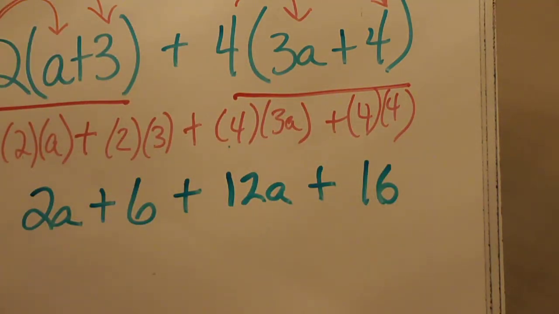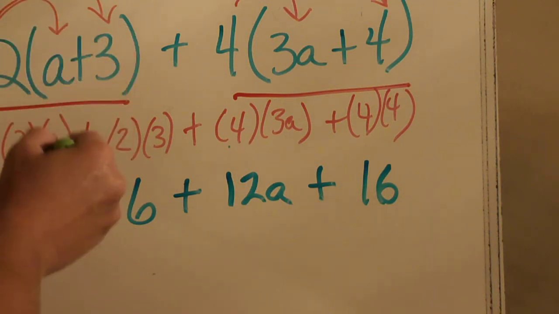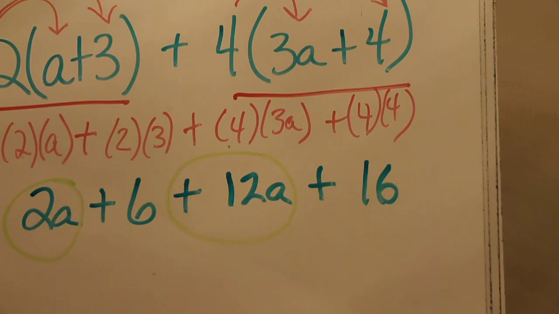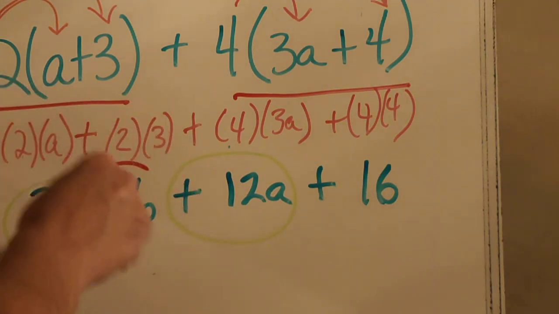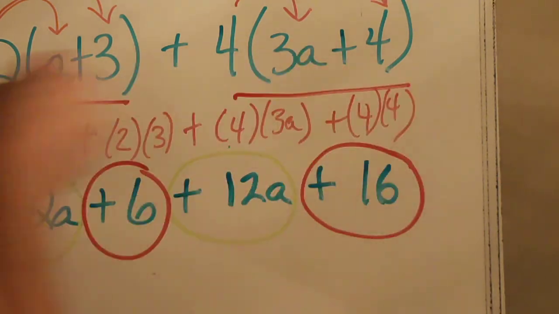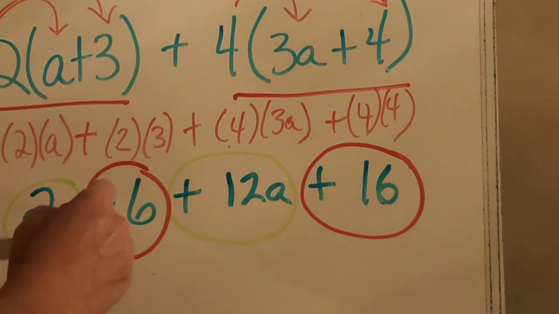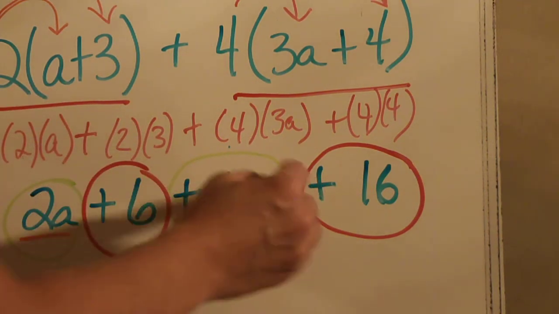Again, I am not finished because now, as you can see, we have some like terms. And if we have like terms, then that means we can continue simplifying this by combining like terms. So I have my 2A plus 12A.